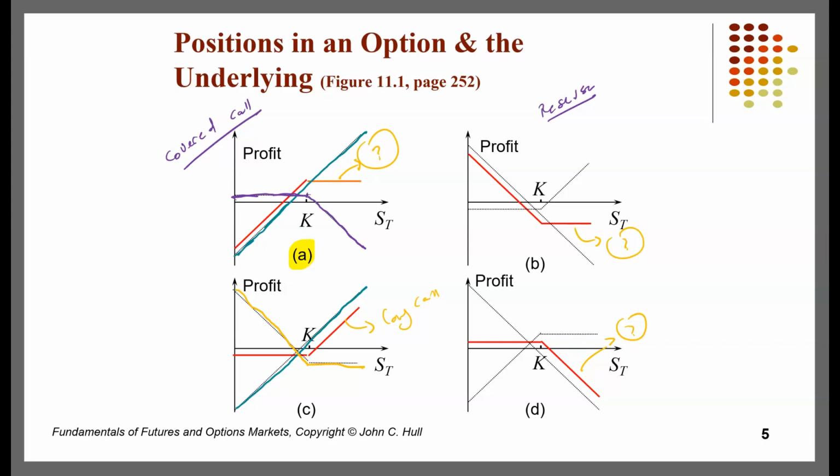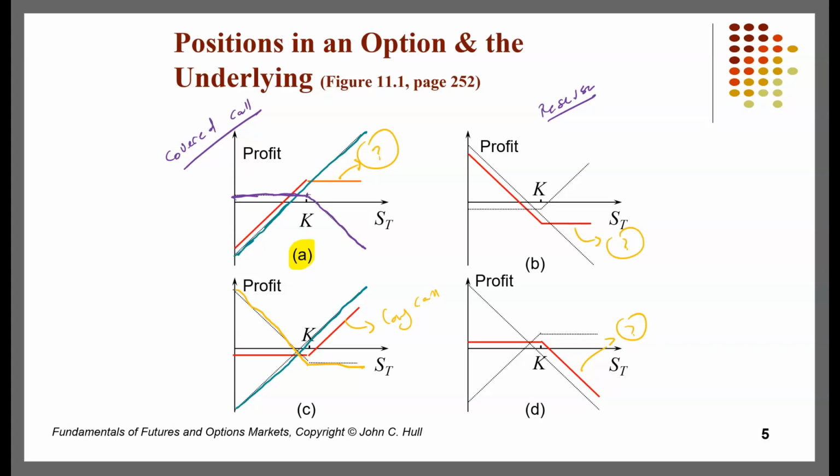So in the last video, this is unit 5 still, we started talking about strategies using options, and we looked essentially at three different sets of strategies. The first one was the option only.